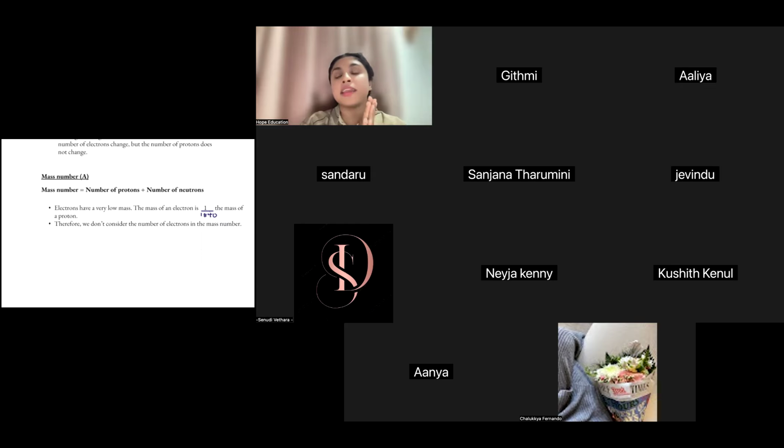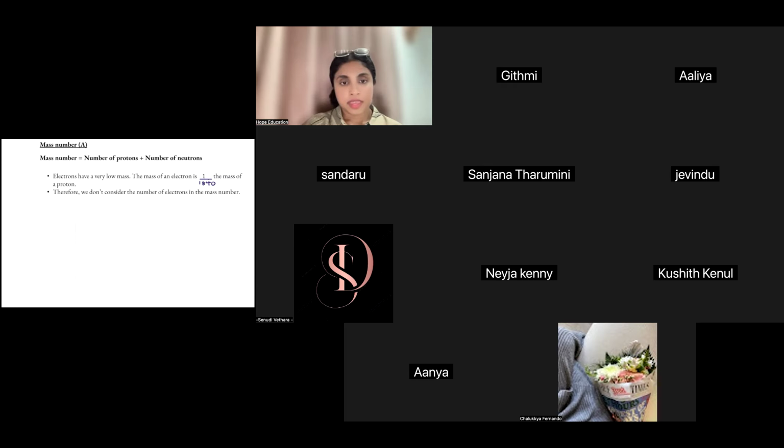Now, when you are writing an element with its atomic number and mass number, there is a standard way to represent them. For an example, let's say you have an element called X. Let's say the symbol of a particular element is X. Don't think about which element it is. It's just an example.